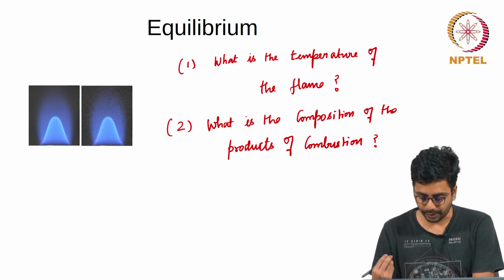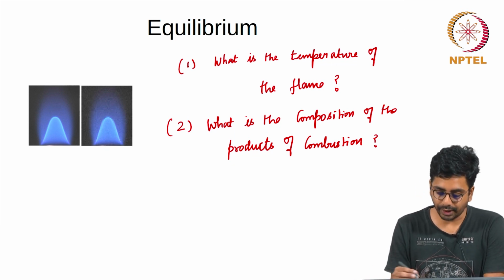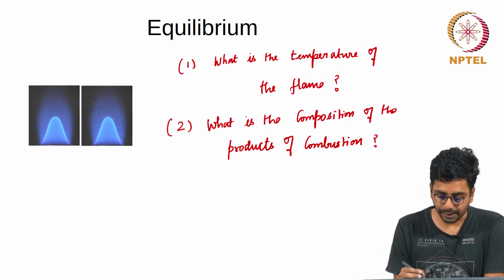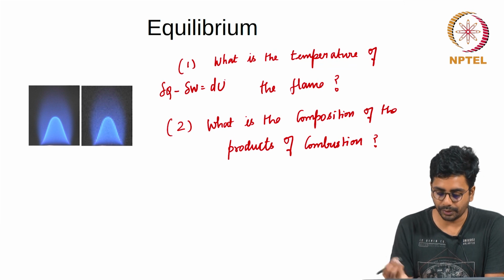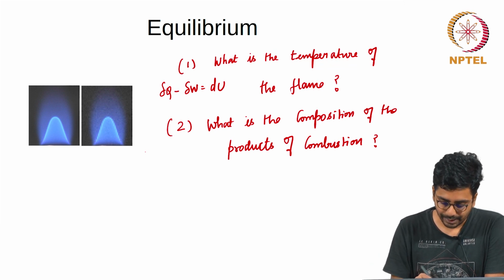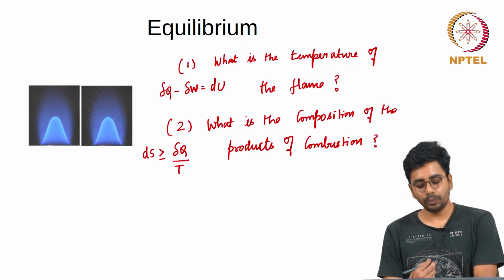These two questions can be answered by using together the first and the second principle of thermodynamics: du, the first law of thermodynamics, plus second law, which is ds equals delta q by T. Okay. So these are the two principles.